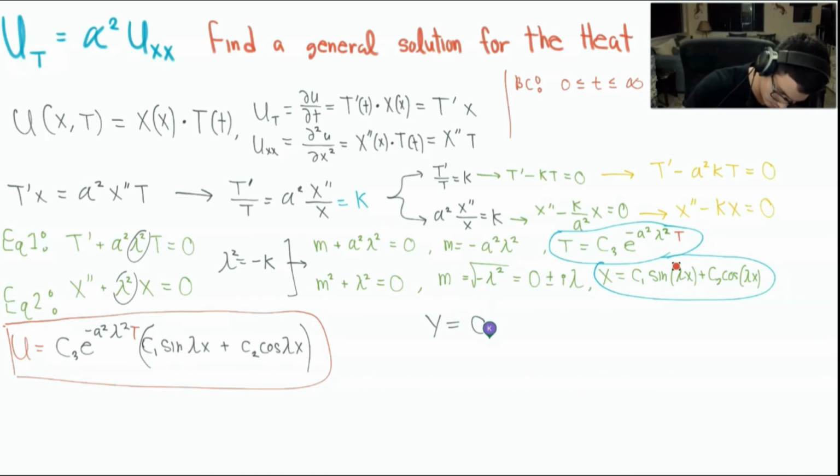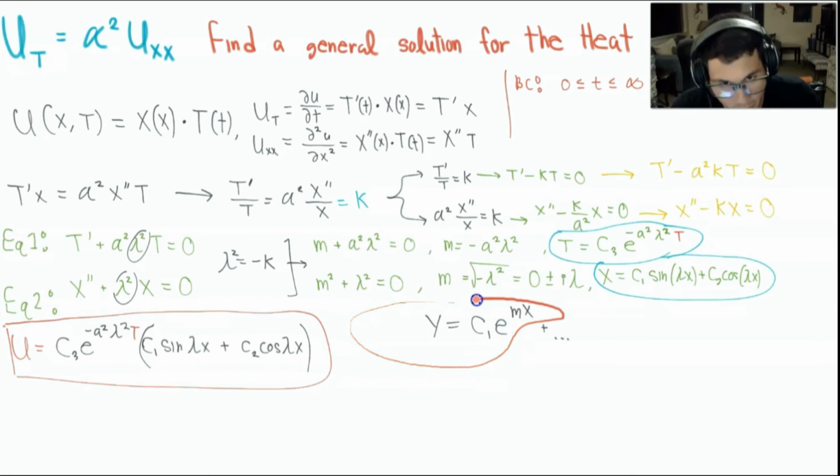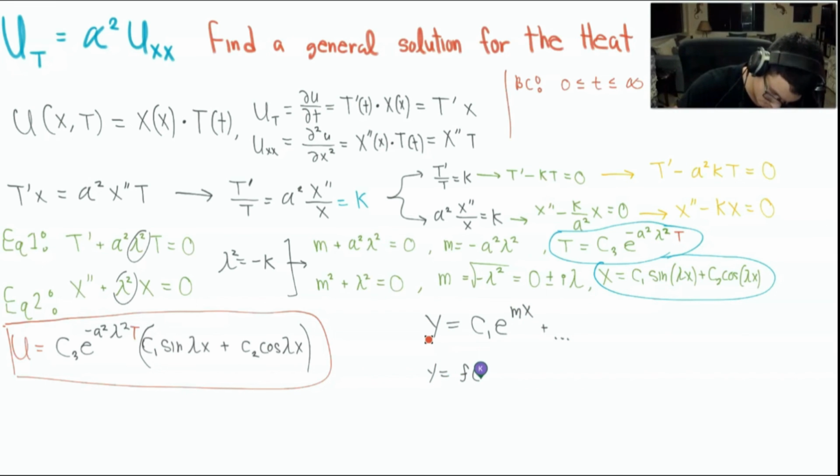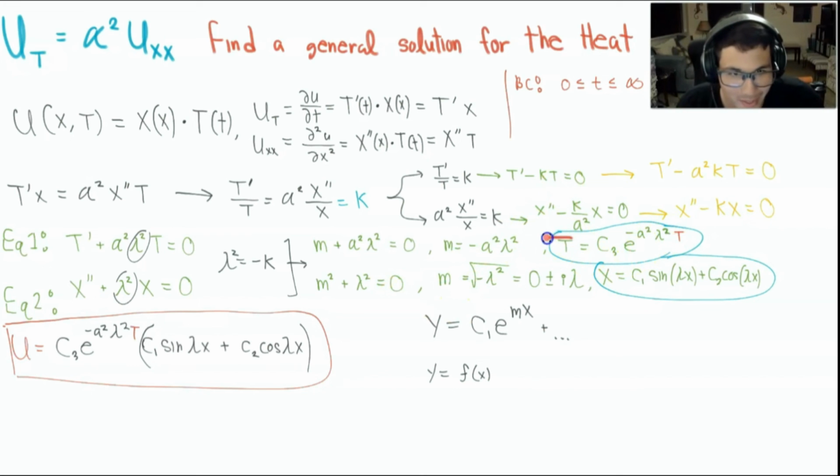It goes c1 e to the mx plus dot dot dot, and that's what happens when we solve a differential equation with a real root. You get this general solution, and that's if y is a function of x. You need to factor in that there's always an x here, and in this case T was our dependent variable. Partial differential equations are hard, but there's a T here, so there must be a T here.